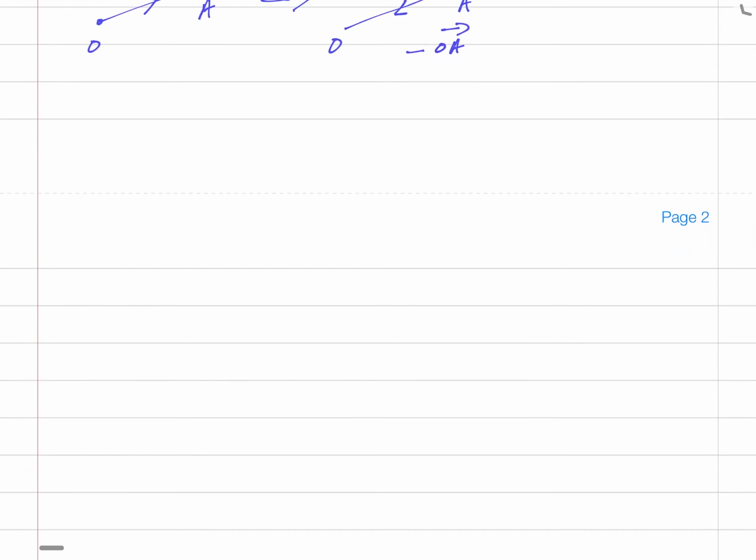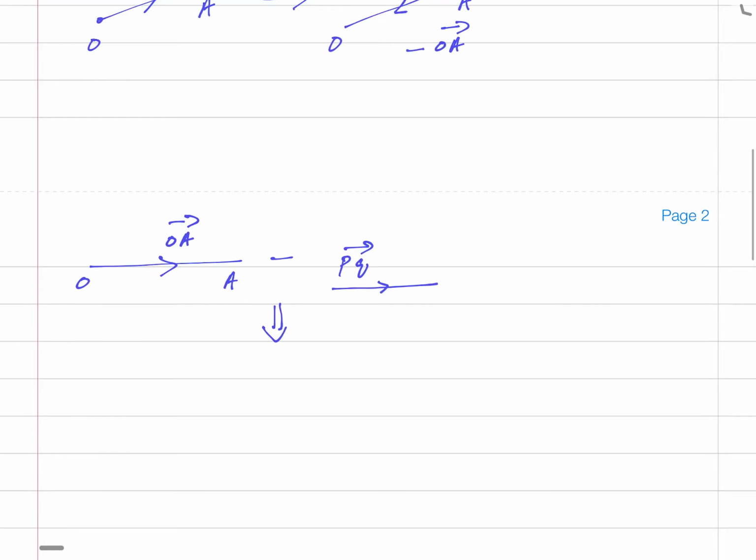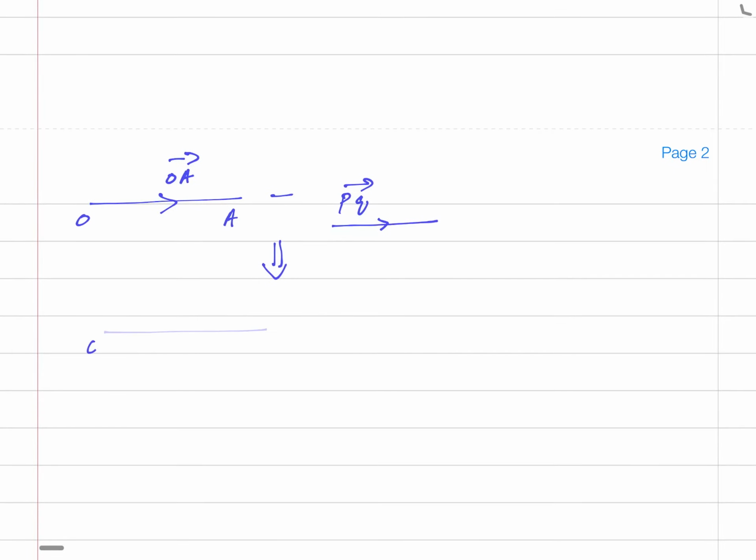Now for example, if you have a vector OA and then I'm going to minus another vector PQ, which is like this direction. So this can be represented in this way. So OA vector, and then you can change this minus sign to positive, and at the same time you can change the direction of the PQ vector.